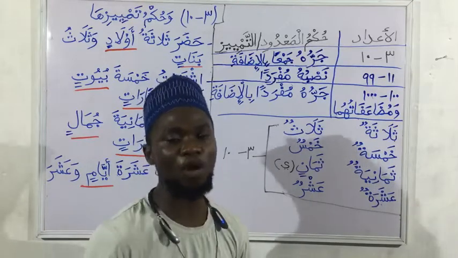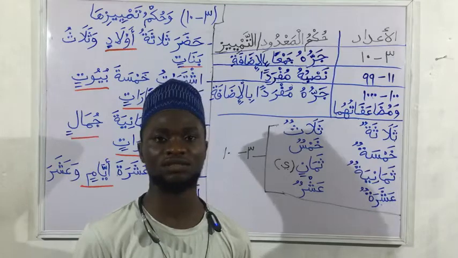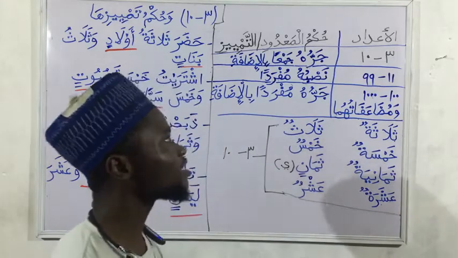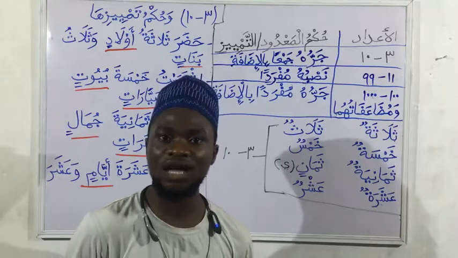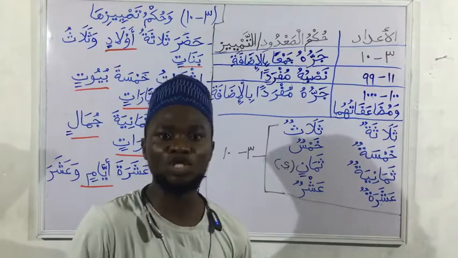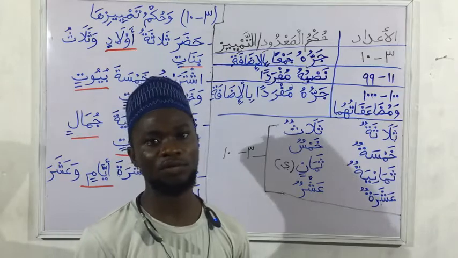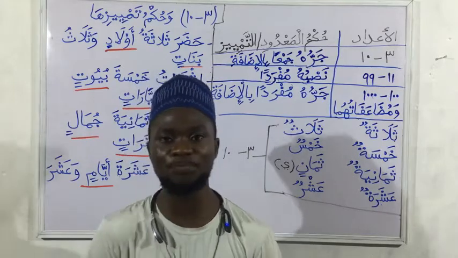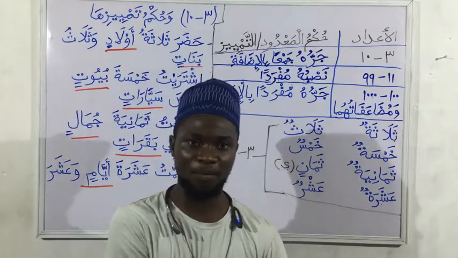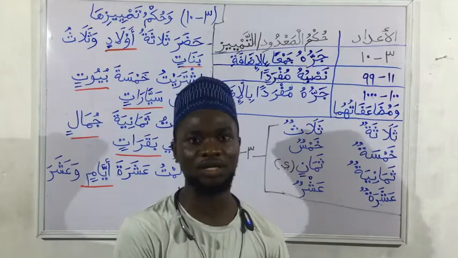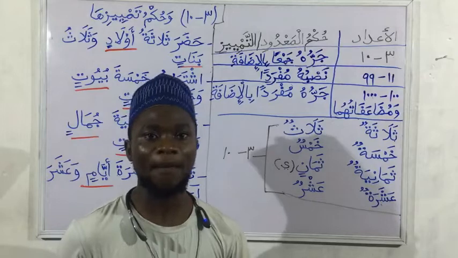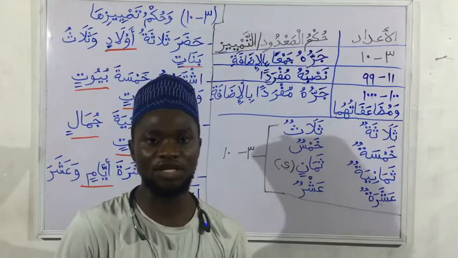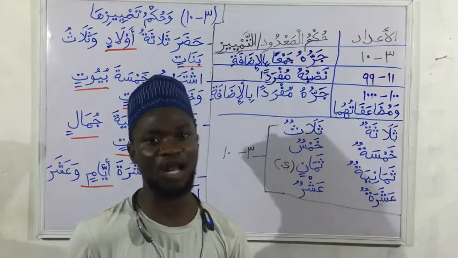But from 11 upward, the form changes, in the sense that the noun you are quantifying will not be in plural form anymore. For example, in English, you have 100 boys, which is plural already. But in Arabic, you will not say 100 boys. You will not pluralize this.